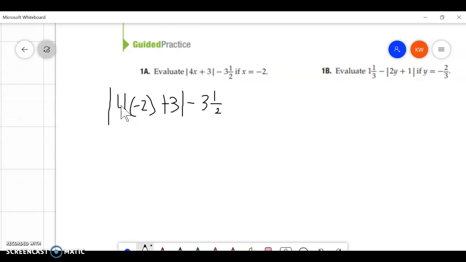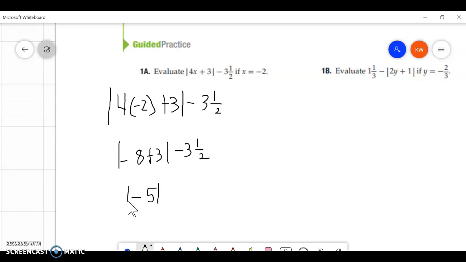Now, 4 times -2 gives us -8. -8 plus 3 is now inside of the bar. Now, this stuff over here, this still just follows along with it. Okay? So, -8 plus 3 gives us a -5.